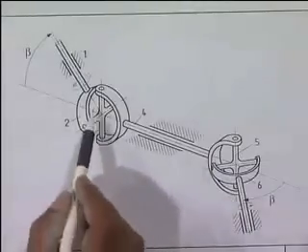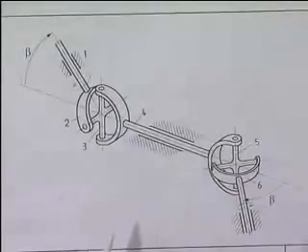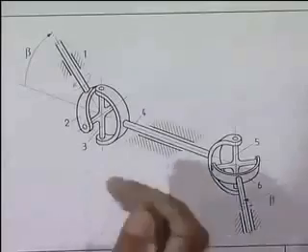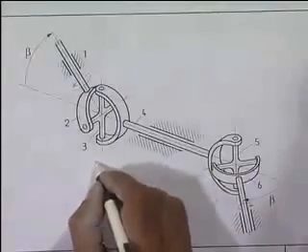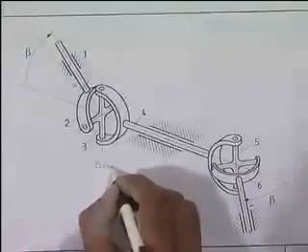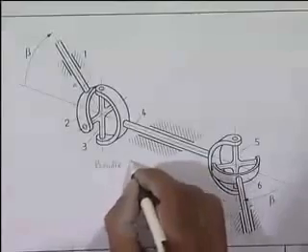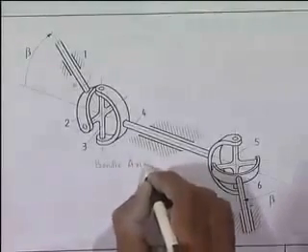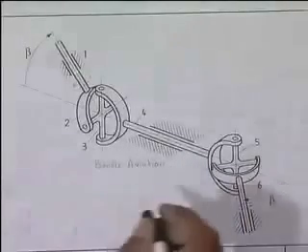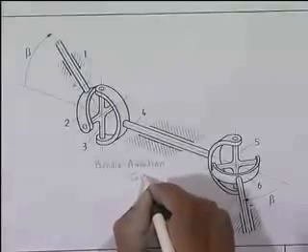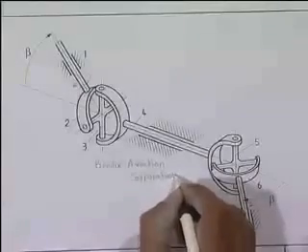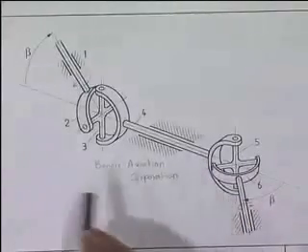However, as we see, this mechanism is cumbersome and takes quite a lot of space. In fact, there is a patent of a compact compensating universal joint which is patented by Bendix Aviation Corporation, which is a different type of mechanism, a very compact self-compensating Hooke's joint.